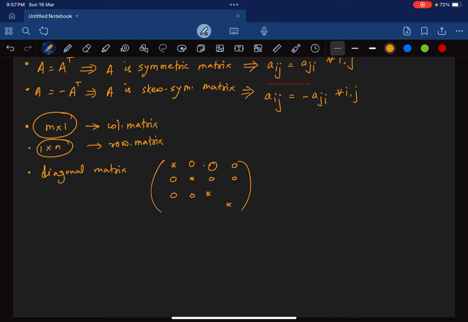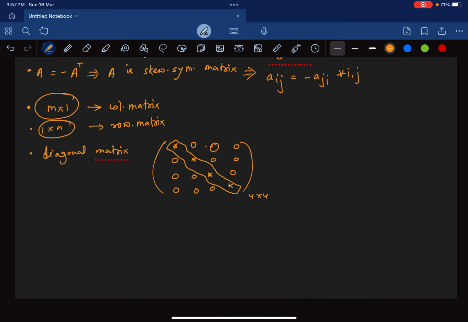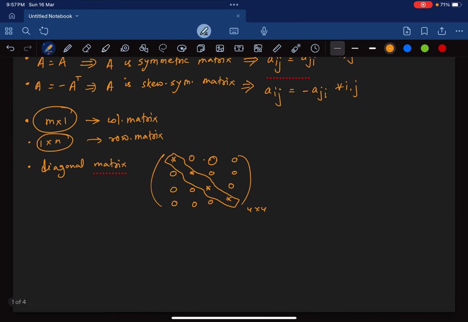Here I am writing a 4 cross 4 matrix. The principal diagonal entries are the only non-zero entries. Apart from that, all the entries are 0. This is called a diagonal matrix. Usually one uses D to represent a diagonal matrix.